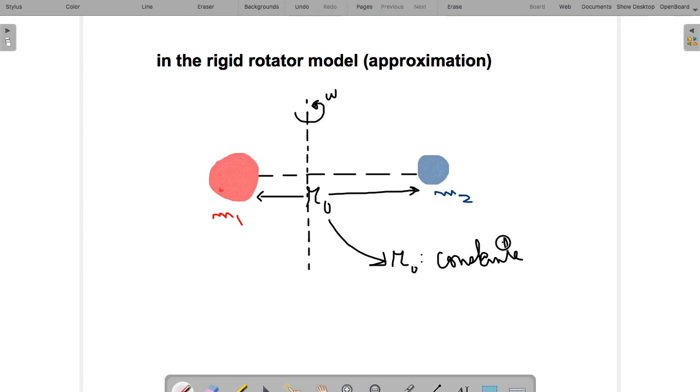So even if the rotational speed or the energy or omega increases, R0 remains constant.